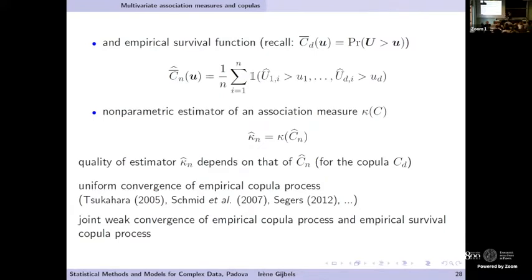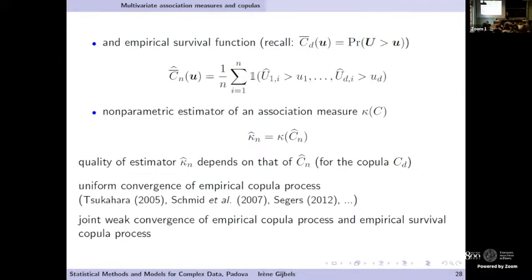And luckily, there are results on uniform convergence of empirical copula processes, not only for the copula C_D, but also for the survival copula. People have been working hard to get weak convergence results under a set of conditions which is as weak as possible.